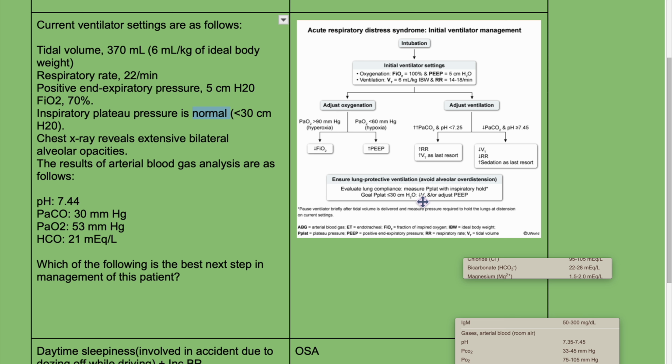So that's what you would have done. But we don't do this because this is not increased and this is in the correct range, 7.45, because it goes from 7.35 to 7.45. So it is in the normal range.